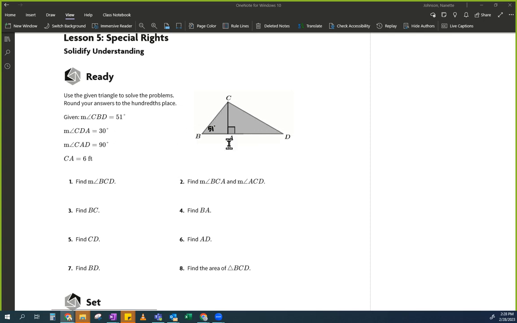CDA. Okay. And I like seeing 30 degrees because that means it's my favorite triangle, my 30-60-90 triangle. It says CAD is 90 degrees, which they've already labeled. And it says CA is 6 feet. CA is 6 feet. So I'm going to write 6 for this altitude here.